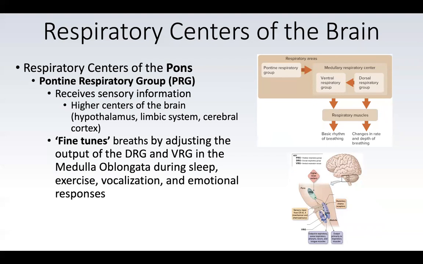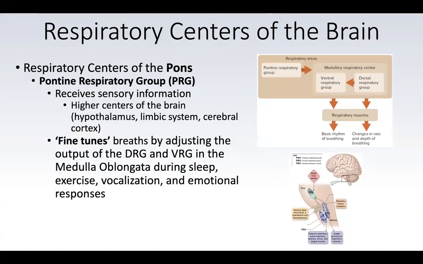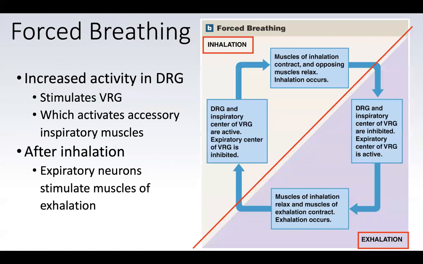Sometimes we breathe slower when we are feeling a certain way, maybe sad, maybe experiencing grief, you name it. So the basic take-home point here is the VRG is the primary, it basically sets the tone. Along with the DRG, any fine-tuning in response to specific scenarios will be done by the PRG.